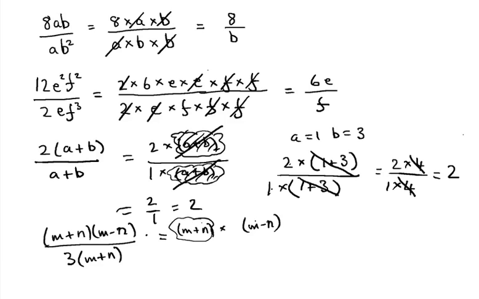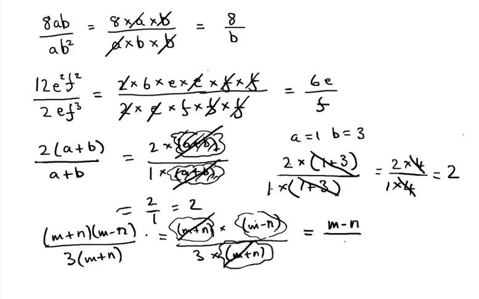This is one factor, this is another factor. And on the bottom of the fraction we've got 3 times m plus n, and there's a factor. Now the factor m plus n appears top and bottom of the fraction. So we've got m minus n over 3.